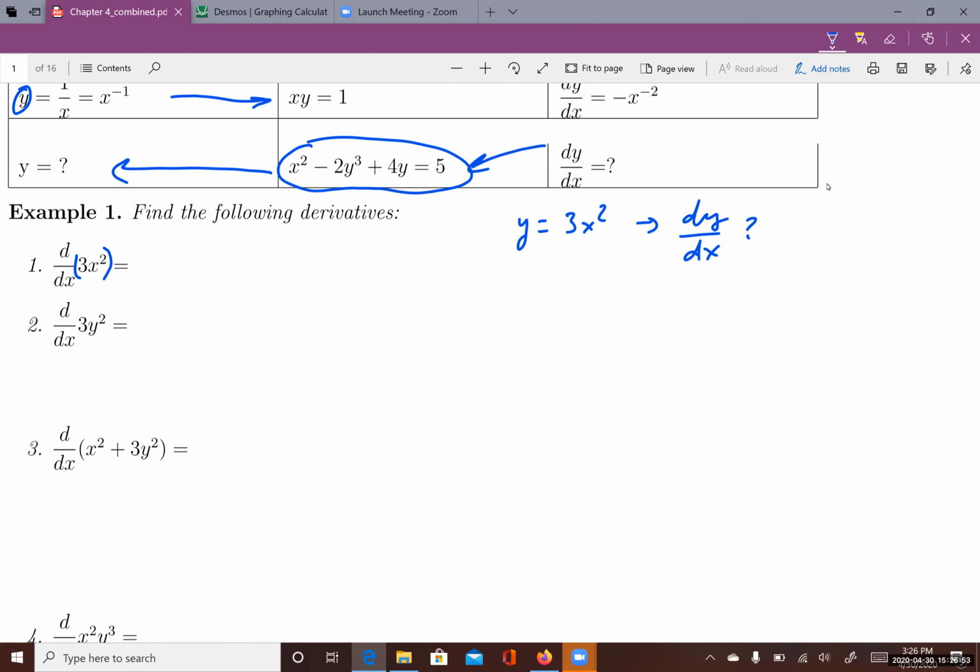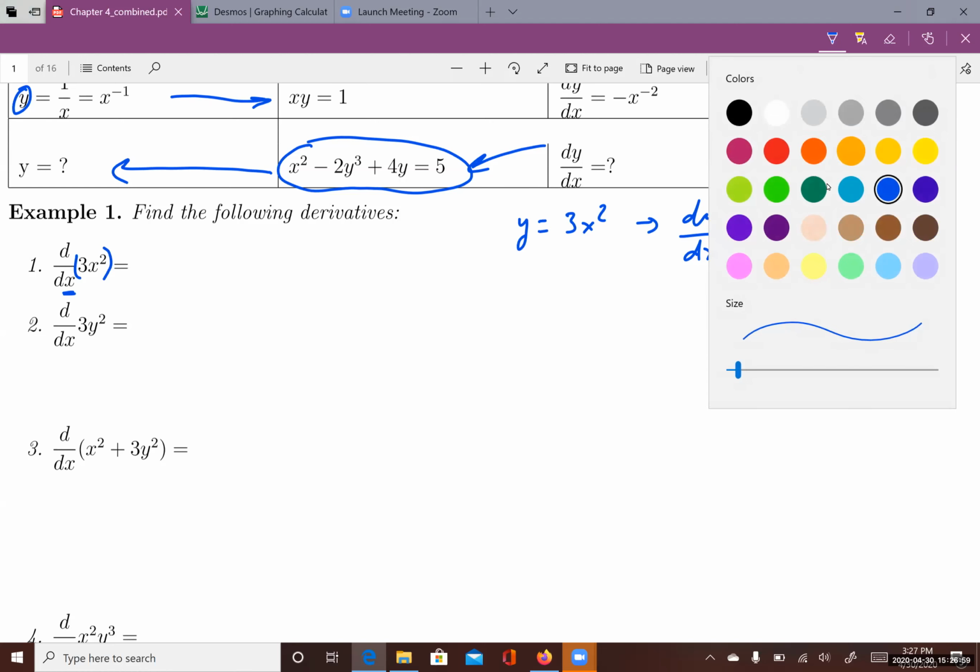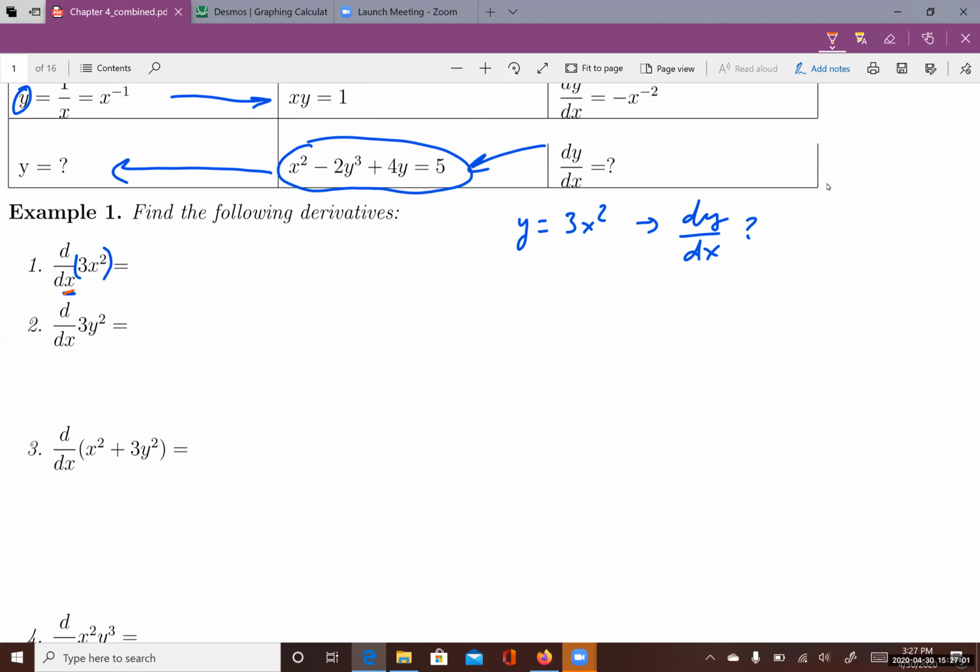Since you can see that this variable here and this variable here are the same, they agree with each other, that means you can just use one of the differentiation rules to find this derivative, and it will be 6x using the power rule.